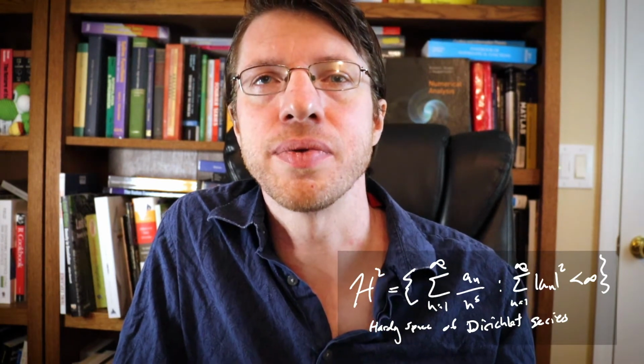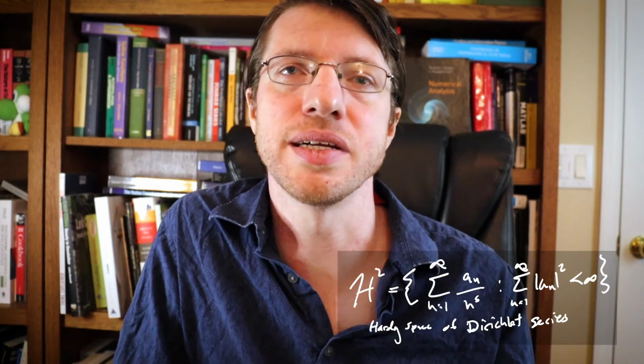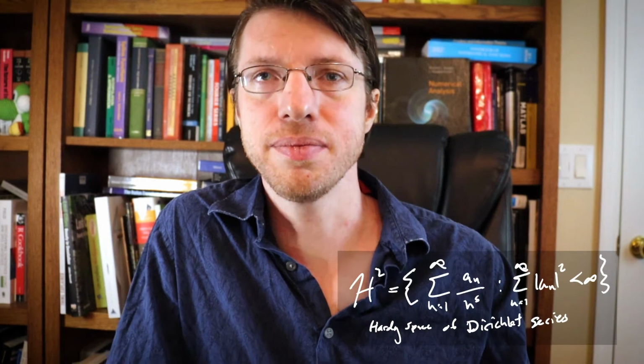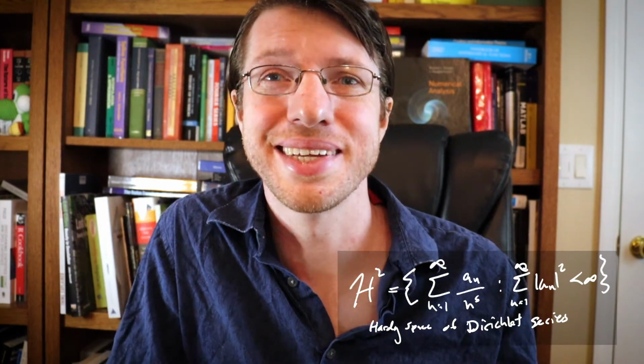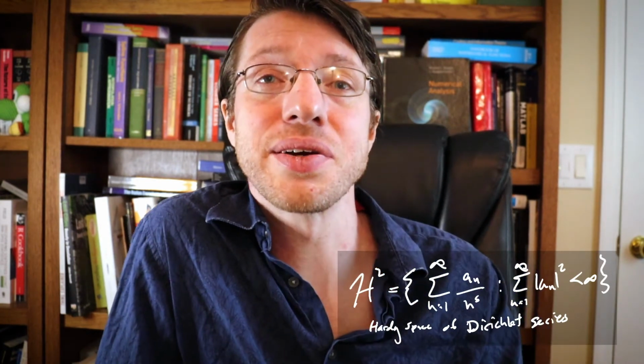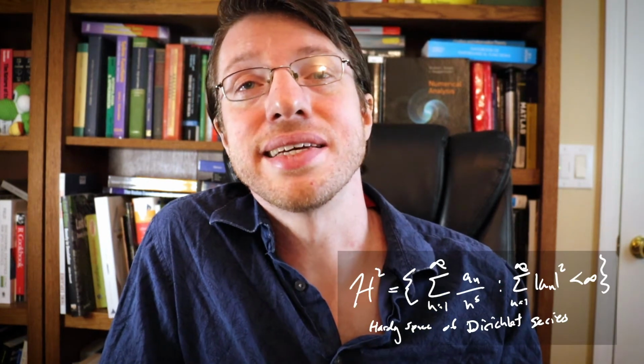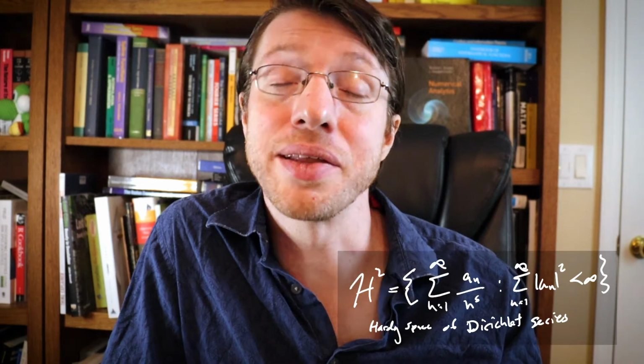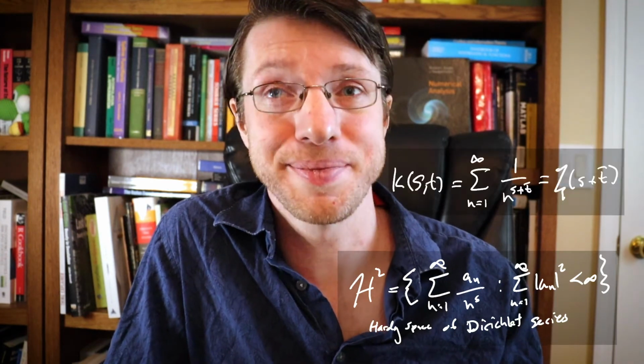In both cases, for the Hardy space and the Dirichlet space, we want the sum of a_n squared in magnitude to be less than infinity. For the Hardy space of Dirichlet series, the kernel function corresponds to the zeta function, or rather it is zeta of s plus t bar.